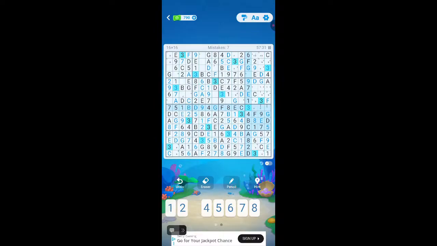Go on to something like A or whatever. Randomly picking A, I'm seeing the same distribution. We need to go somewhere else. Let's look at 4. Again, we're in a similar position, but then the other question is, what about the other 4s in other boxes that are missing? If I were to look at this, it would seem like there's this one, which could be a 4, and this one, which could be a 4.